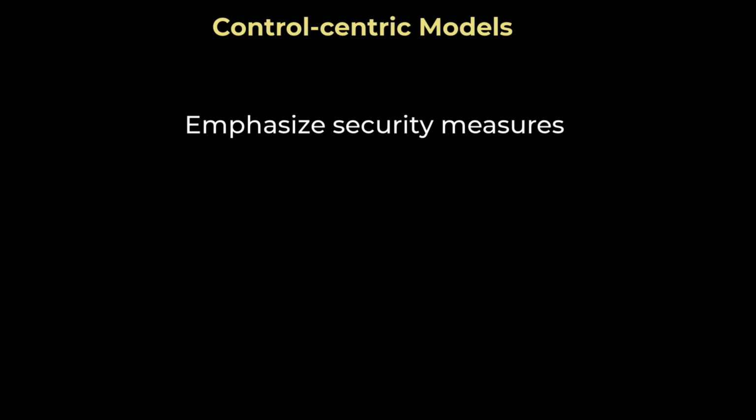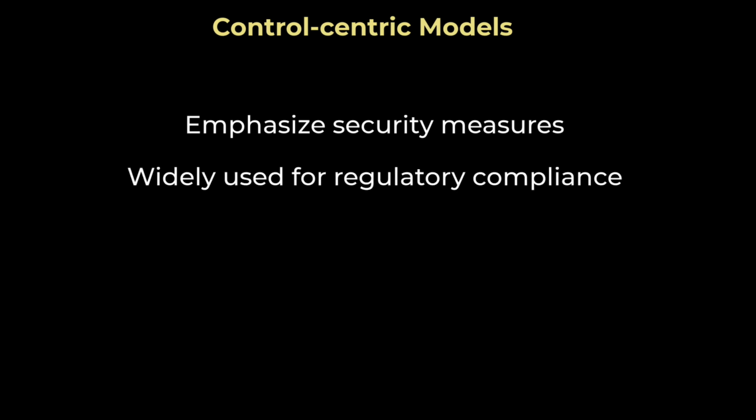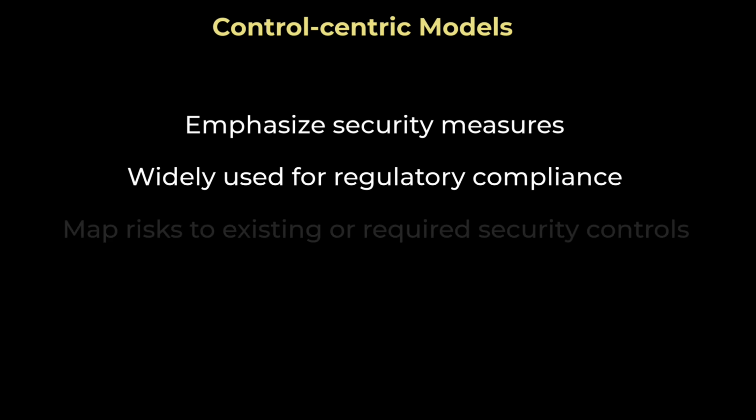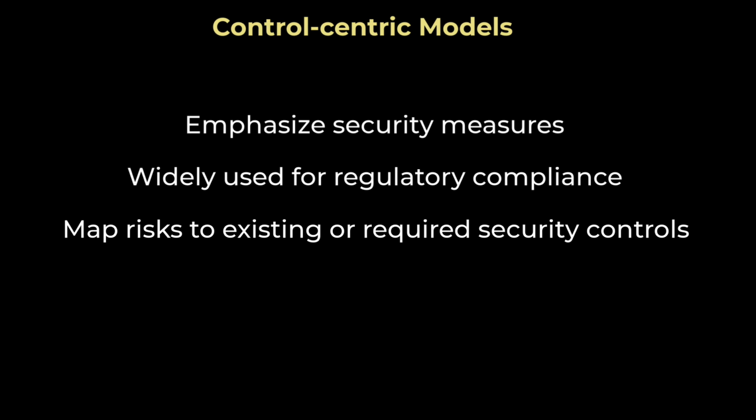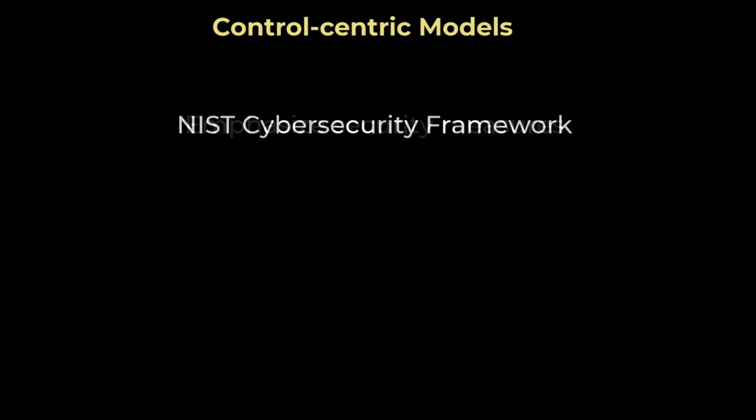These models are widely used in industries where regulatory compliance and adherence to security frameworks are essential, such as finance, healthcare, and government sectors. Control-centric threat models operate by mapping identified risks to existing or required security controls, ensuring that protective measures align with established security frameworks, such as NIST Cybersecurity Framework.